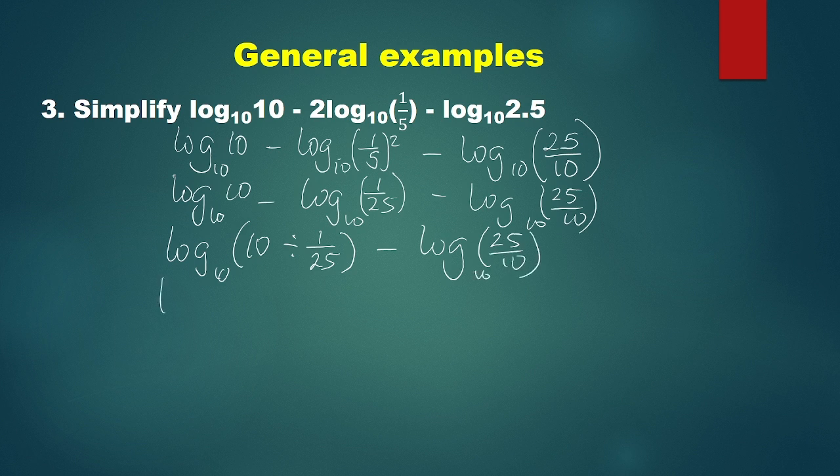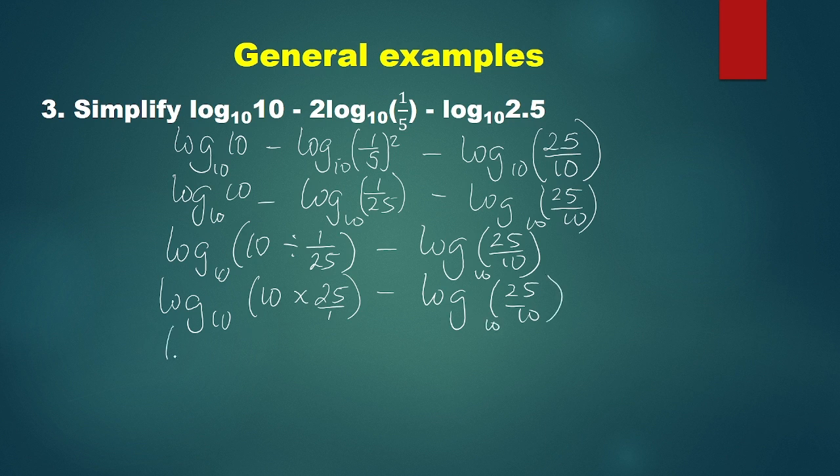Now, do this division, it will be log, so division changes to times, 25 comes up and 1 comes down, minus log 25 over 10 in base 10. 25 times 10 will just simply be log 250 in base 10 minus log 25 over 10 in base 10.